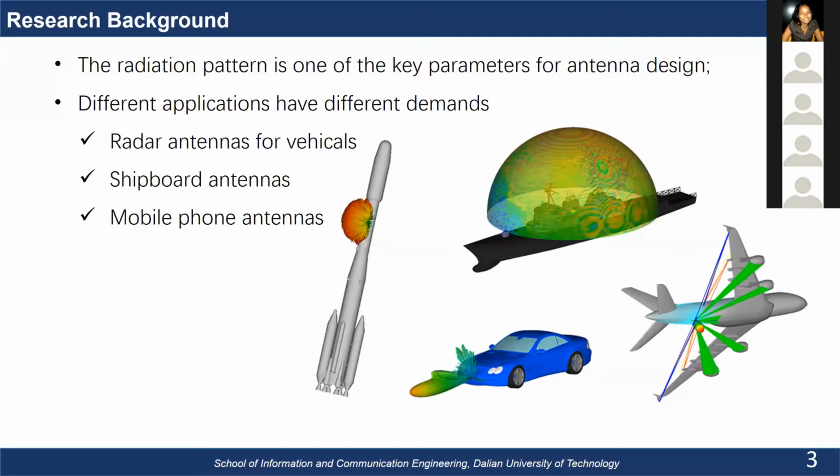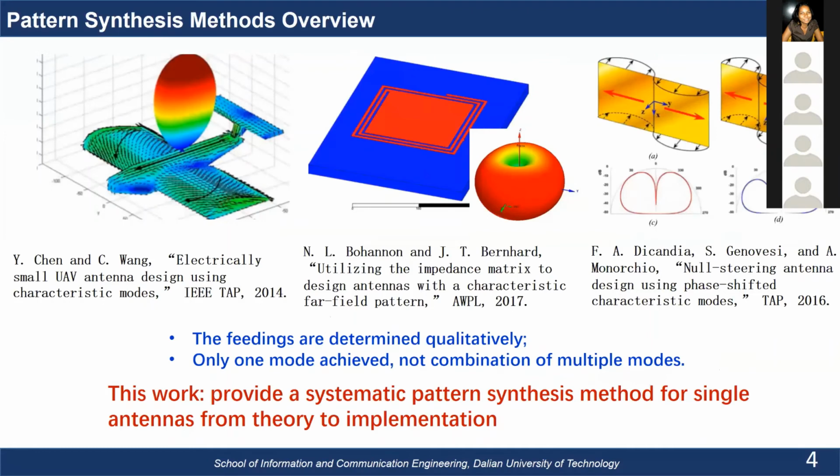the mobile handsets. However, pattern synthesis is normally carried out for phased arrays, and there are not many publications dealing with pattern synthesis for single antennas. But fortunately, characteristic mode is one of the useful methods for pattern synthesis, and there are some publications on it.